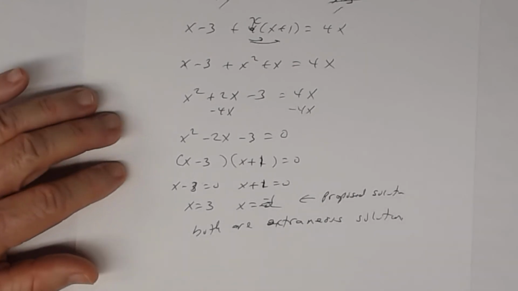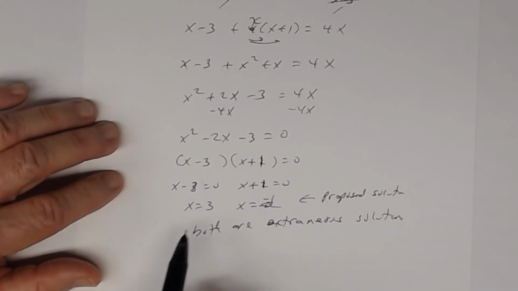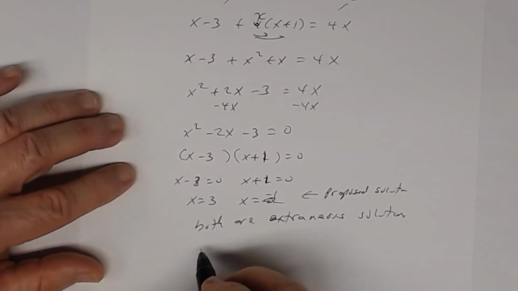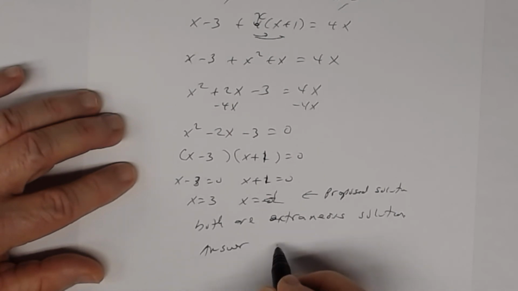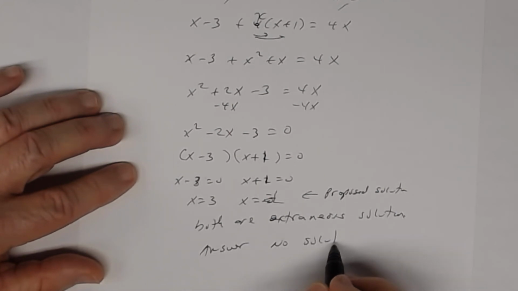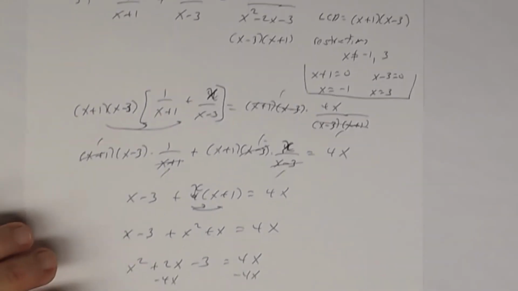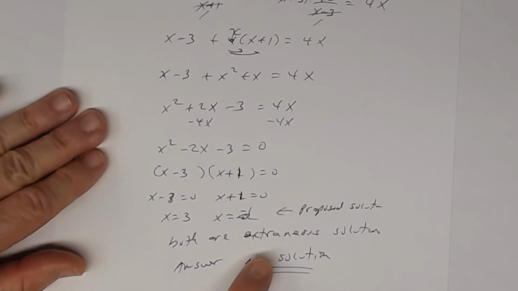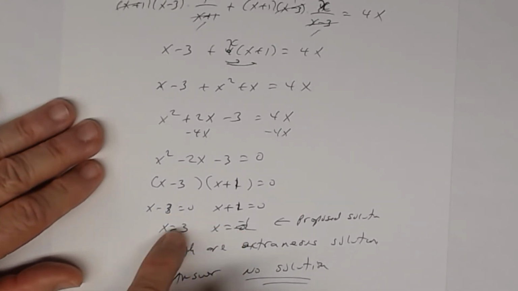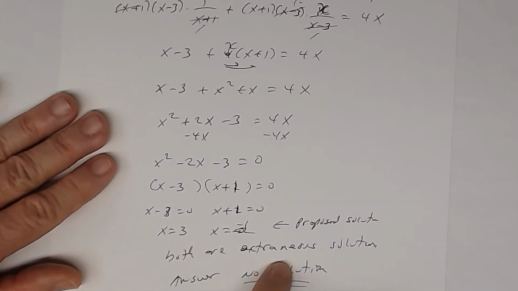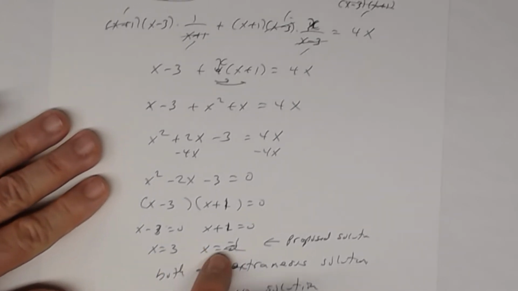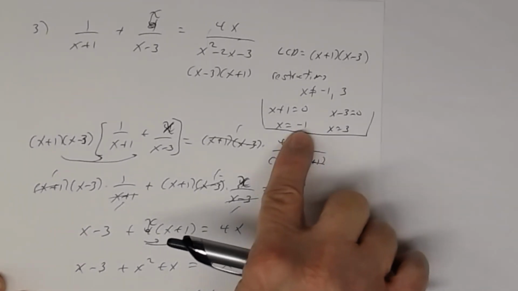Well, since both of those are extraneous solutions, then none of these proposed solutions are solutions. So you're going to say the answer, you're going to say there's no solution to the original equation. So no solution. So the original equation has no solution because both of my proposed solutions are extraneous. Both of those are restrictions.